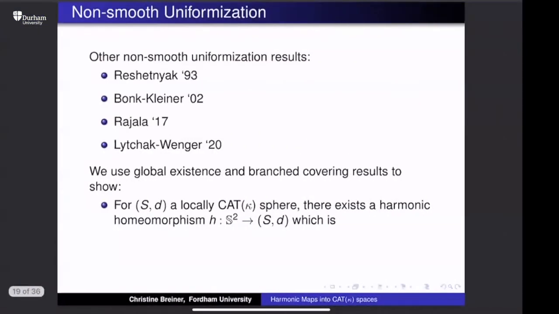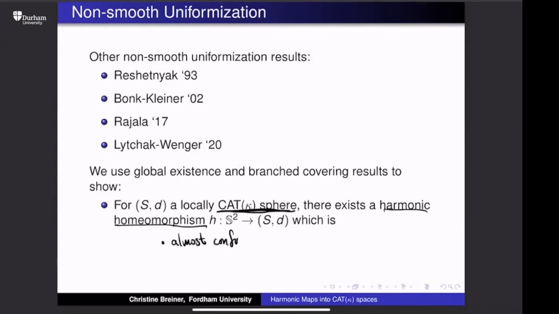We want to show the following. If you have a locally kappa sphere, so something that is homeomorphic to the kappa sphere, then there's a harmonic homeomorphism. So you can find a harmonic homeomorphism which satisfies 2 things. First, it's almost conformal.